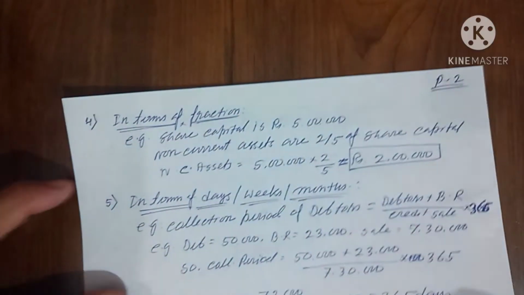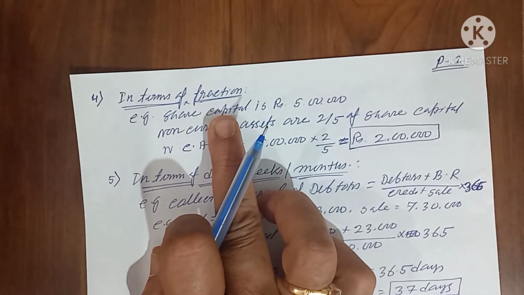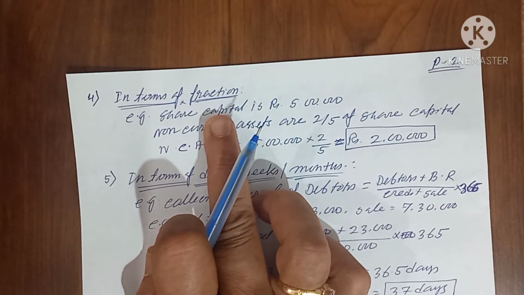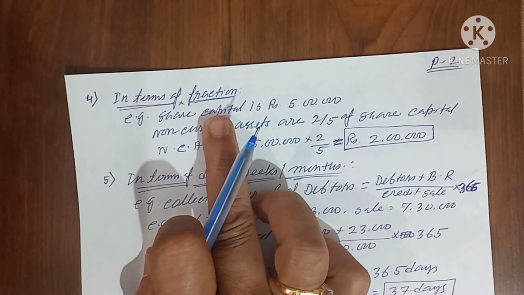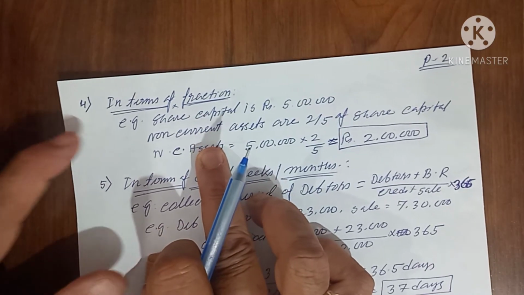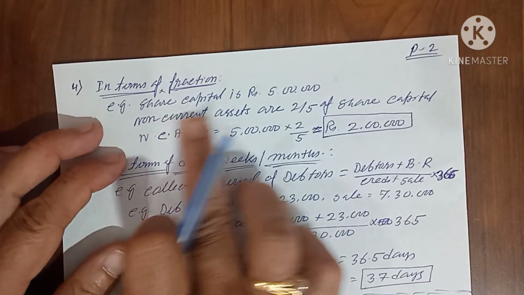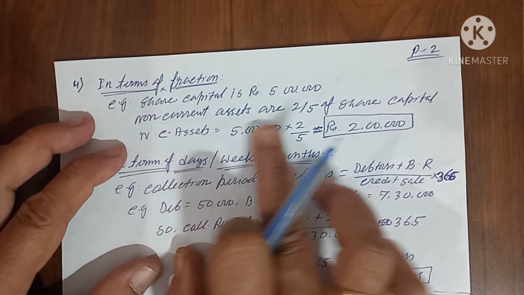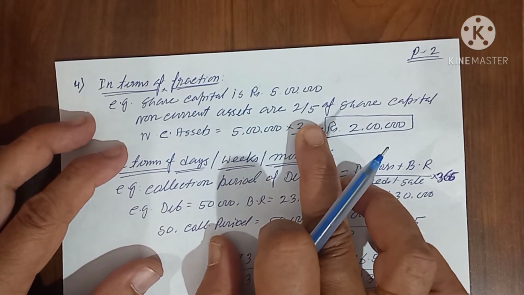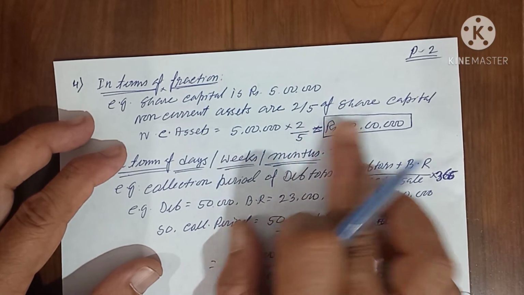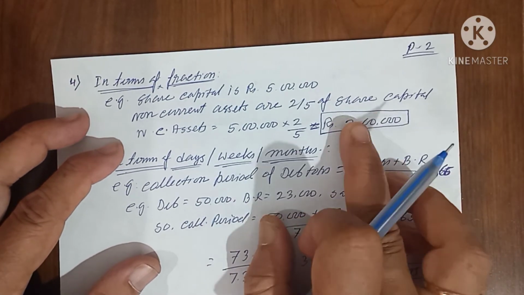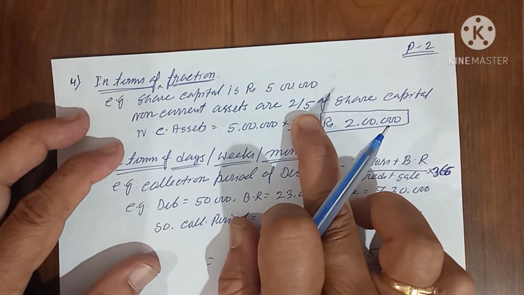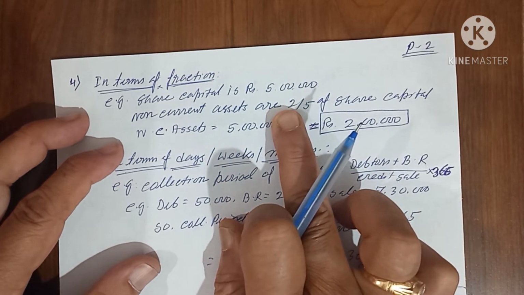Next, number 4, in terms of fraction. Ratio can be expressed in terms of fractions also. How will it be? Suppose, as per example, share capital is 5 lakh and non-current assets is 2/5 of share capital. 2/5 of share capital means if share capital is 5, then non-current asset will be 2.